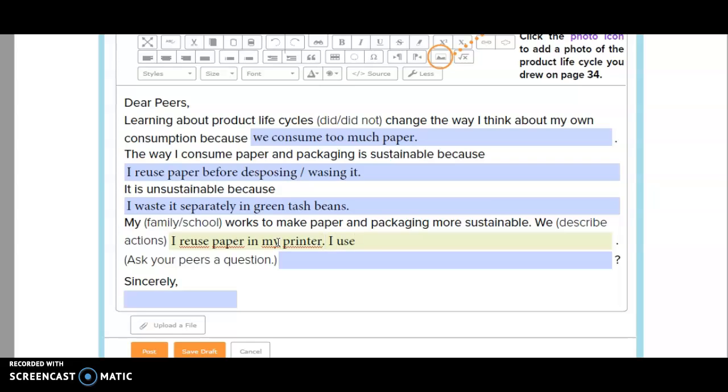I use the blank part of the page. Yes. And a question, for example, do you reuse your paper sheets?